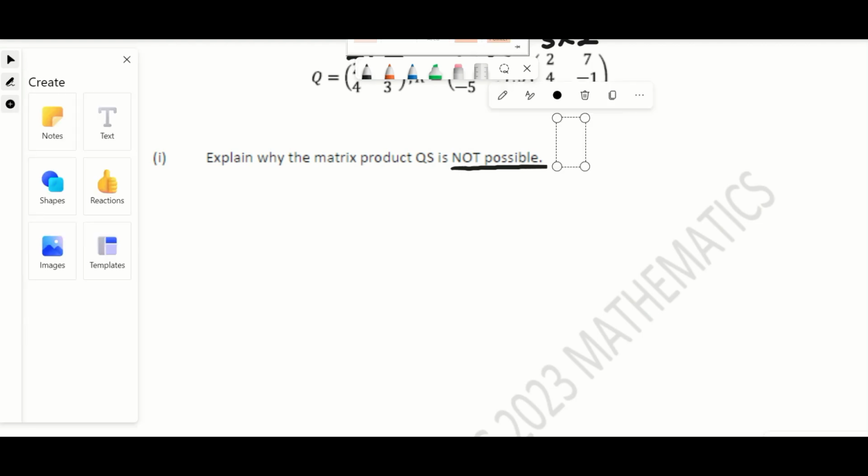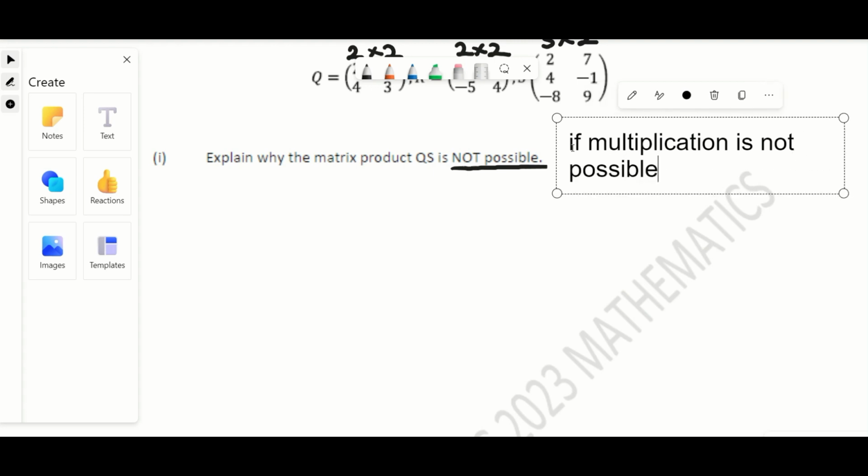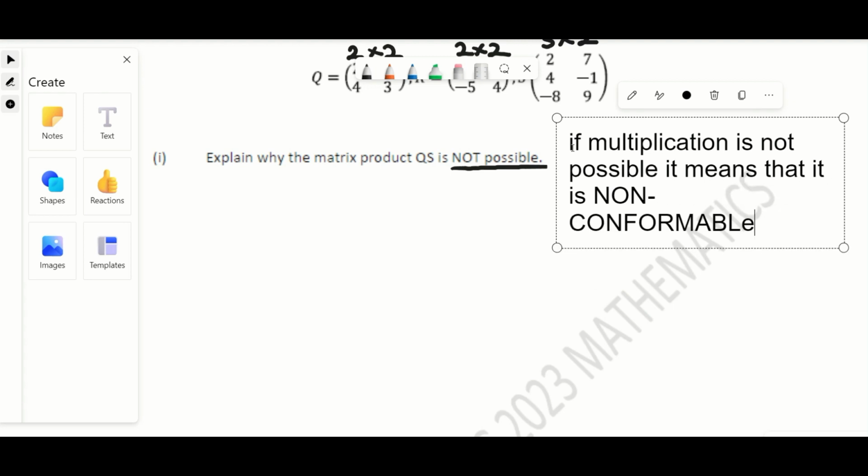If multiplication is not possible, it means that it is non-conformable.